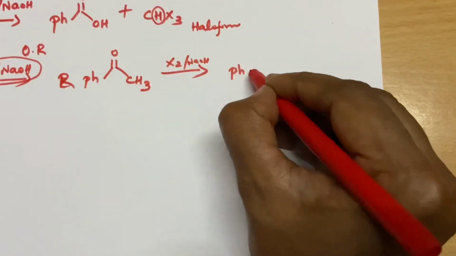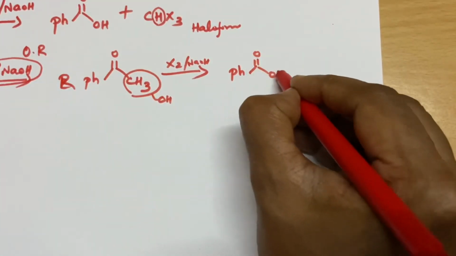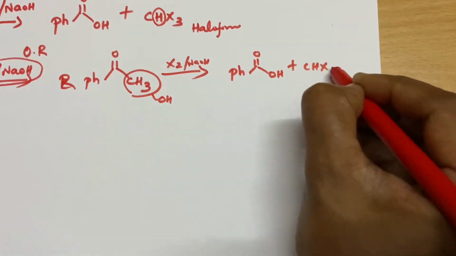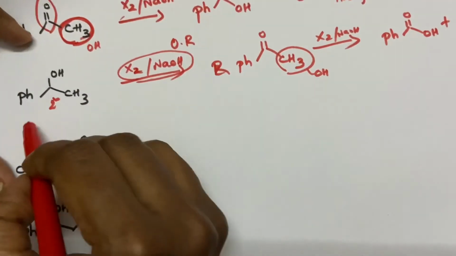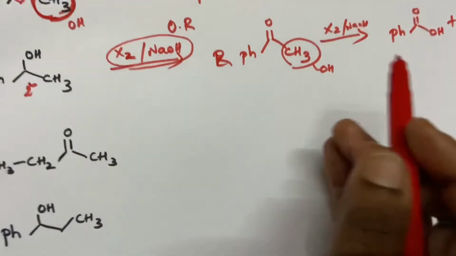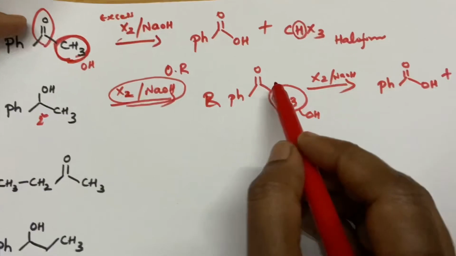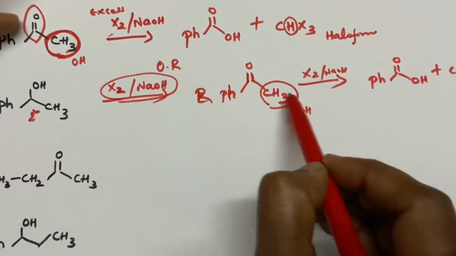So what will be the product? This CH3 is replaced with OH, and you will get the corresponding haloform. These kinds of alcohols are also capable of undergoing haloform reaction, but make sure that after oxidation it is giving you the methyl ketone.